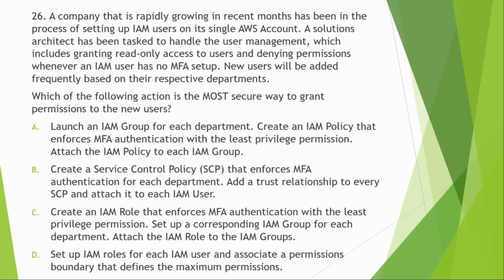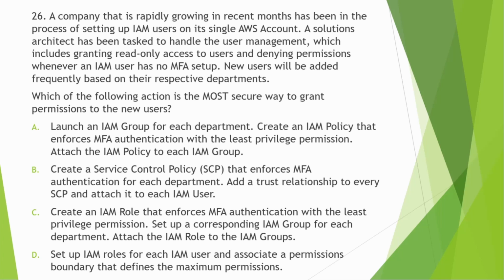Because an IAM group is usually provided with an IAM policy, not an IAM role. There is no direct way in the AWS Management Console to manually assign an IAM role to a particular IAM group. So you can attach an IAM policy, but you cannot attach an IAM role. That's the reason this is not correct.